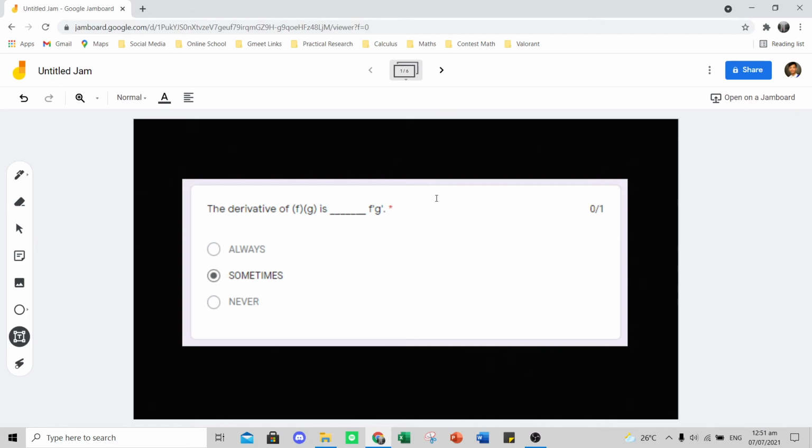So maybe to fix the problem, let's say f and g can be any function, or the general formula is blank, f prime g prime, and well, the answer here would be never.